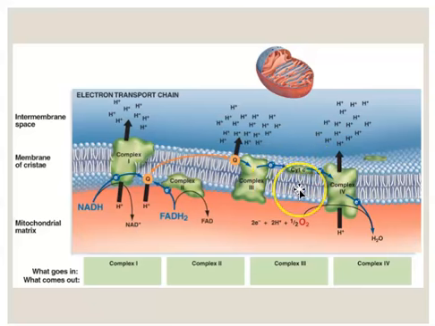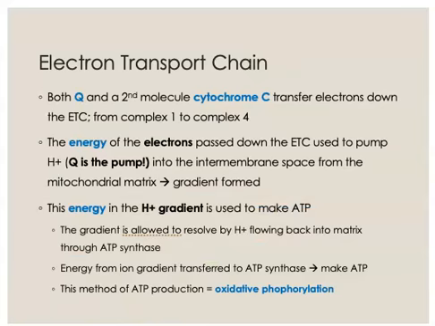Now, cytochrome C technically does the work of transferring electrons from complex 3 to complex 4. Don't worry about that detail. Just remember that both Q and cytochrome C are able to assist in transferring electrons down the electron transport chain.